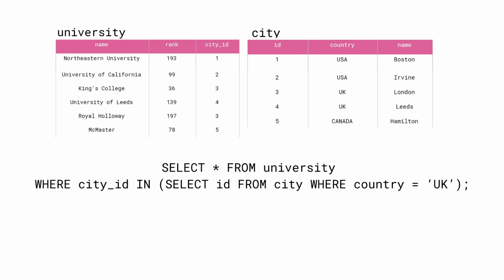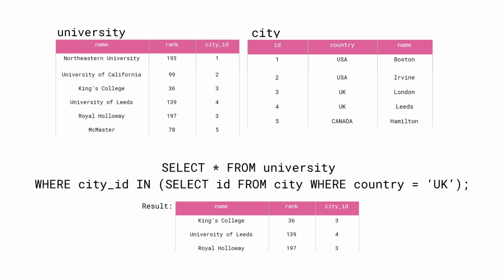Now, instead of the hard-coded values 3 and 4, we'll add a subquery inside the brackets that follow the IN operator. Note that this is the same query we used in the previous example to find the IDs of cities in the UK. If we now run the query, we'll get the same resulting set as previously. This time, however, we didn't have to write two separate queries. That's how subqueries work with multiple results.